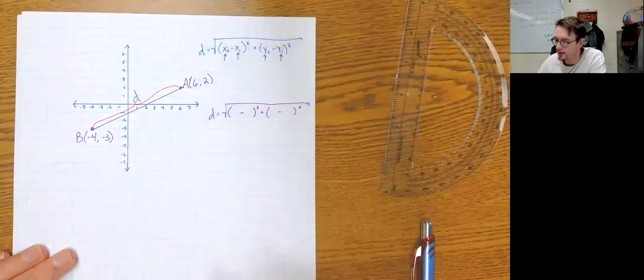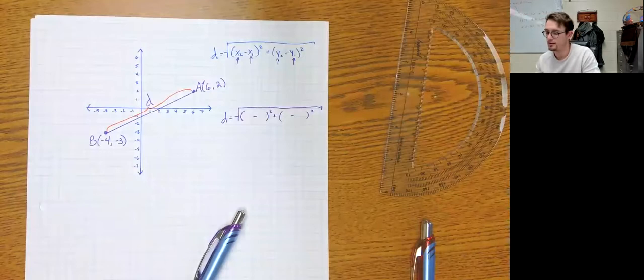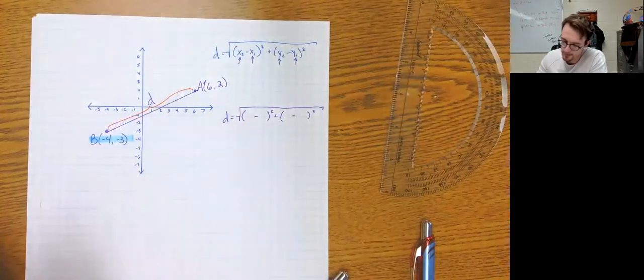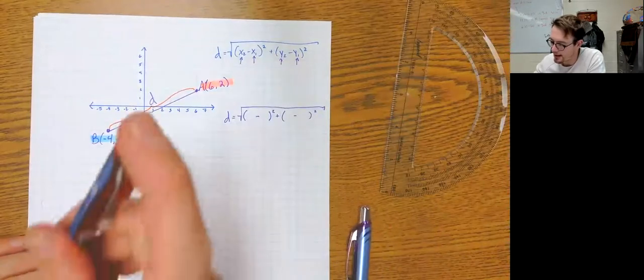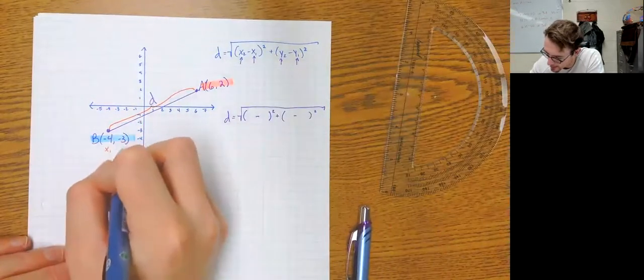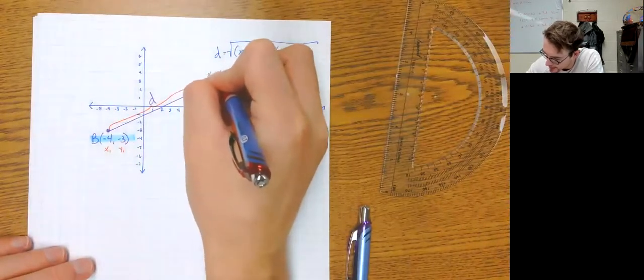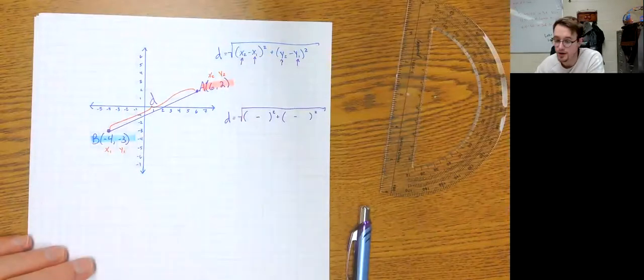Okay, so I'm going to come up with the highlighter. Highlighter's handy. All right, I'm going to highlight this one blue, and I'm going to highlight this one pink. And I'm going to identify this one as my x sub 1, y sub 1. I'm going to identify this one as my x sub 2, y sub 2. Really important, really helpful to label which one's your x sub 2, y sub 2, and your x sub 1, y sub 1.